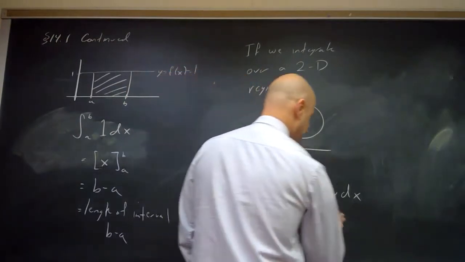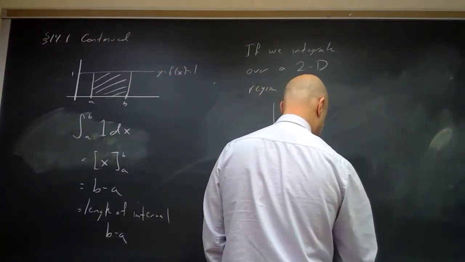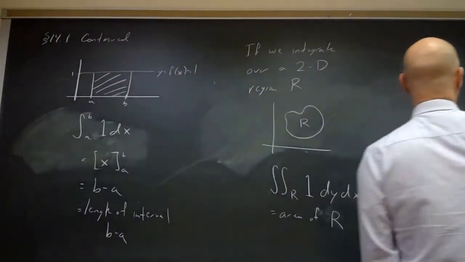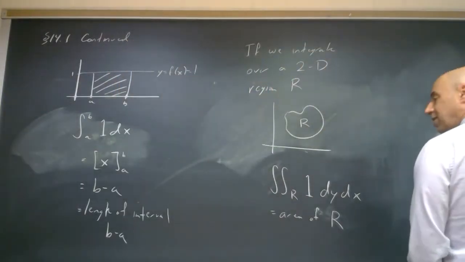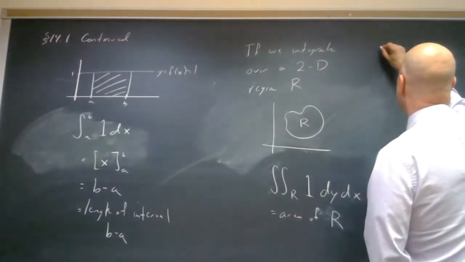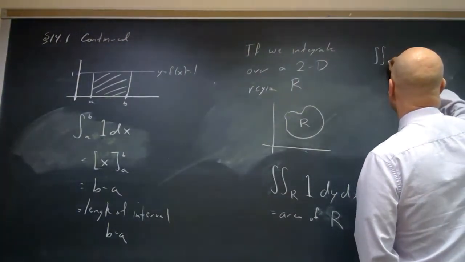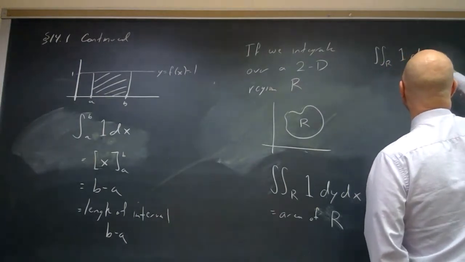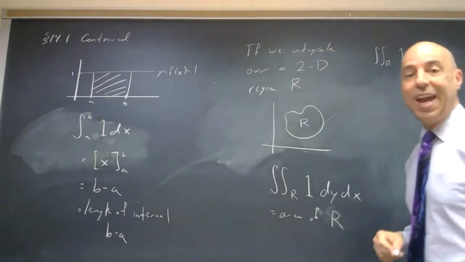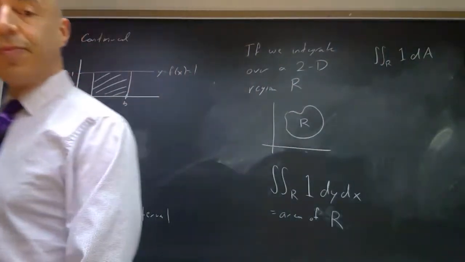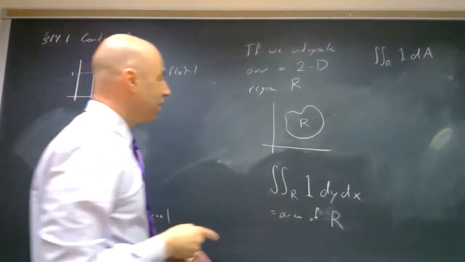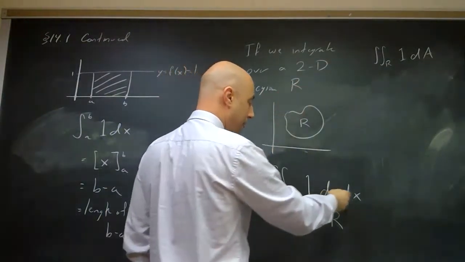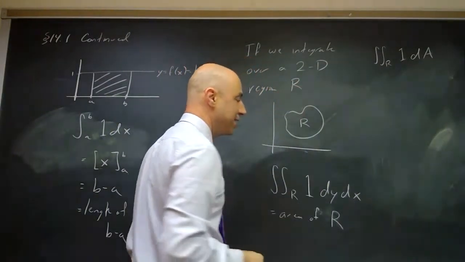Area of the region R. Now, what I really should have written over here instead of dy dx is the double integral over R of 1 d capital A. And this is sort of a shorthand notation for dy dx or dx dy.